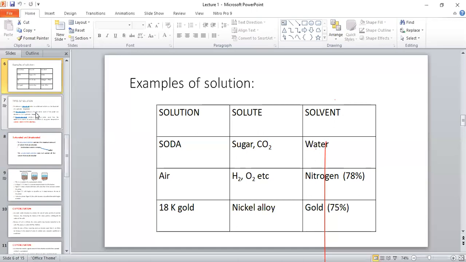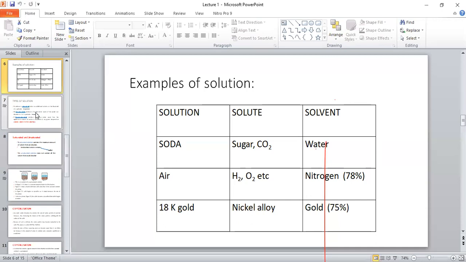You have a gaseous solution, air. Air is a gaseous solution. The solutes here are hydrogen, oxygen, and some other gases that could be present in air. But the solvent in this case is nitrogen, because nitrogen is present in a larger amount.